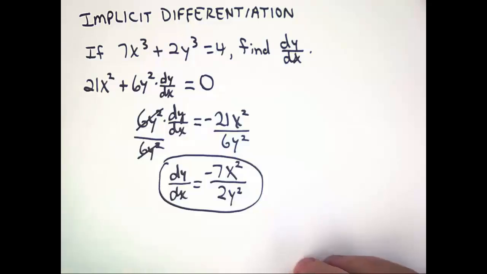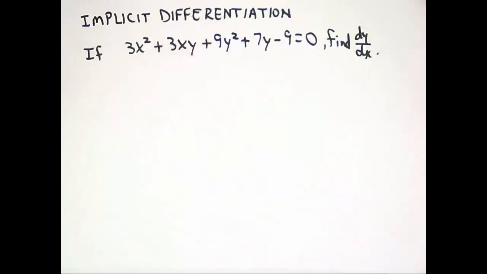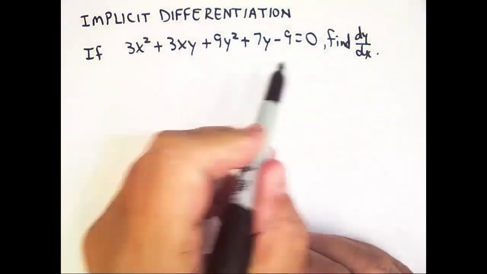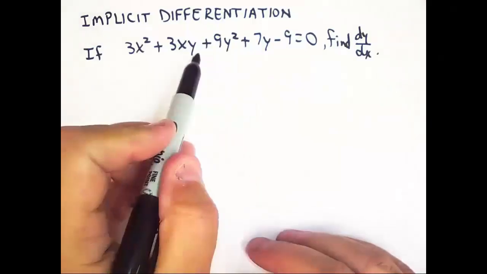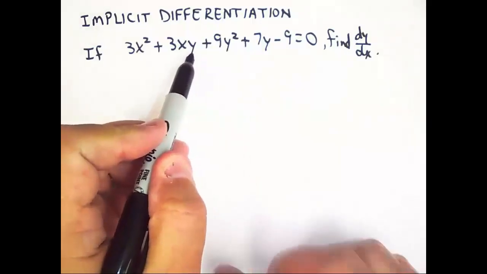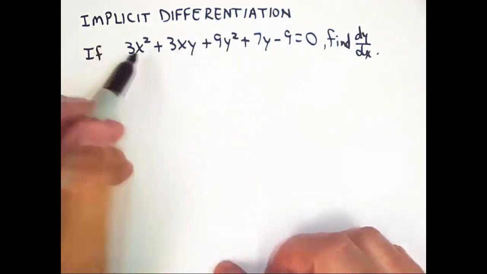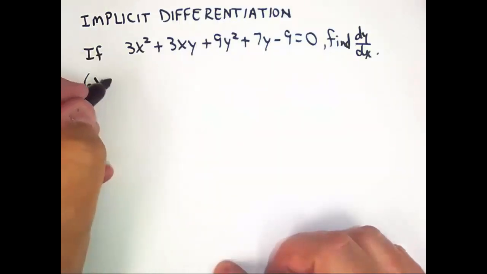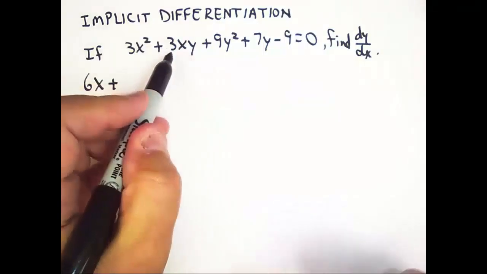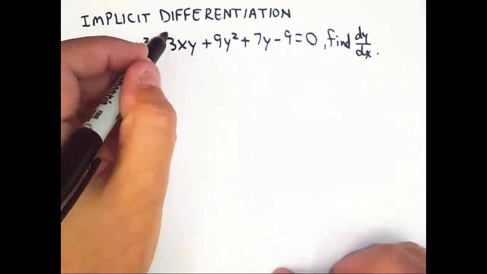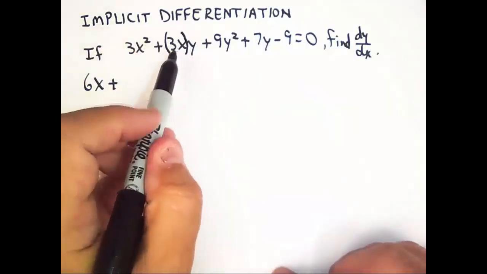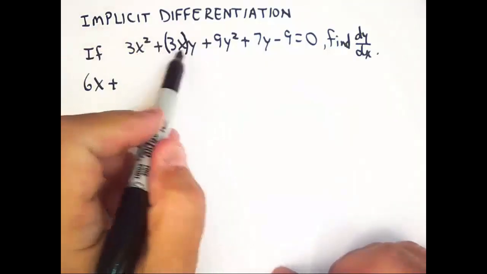Okay, let's try another one. This time it's a little more complicated. You still take the derivative term by term under the assumption that y is a function of x. So the derivative of 3x squared is going to be 6x plus, now the second term is a product, so you want to think of 3x as one factor, and y as the other, and use the product rule.